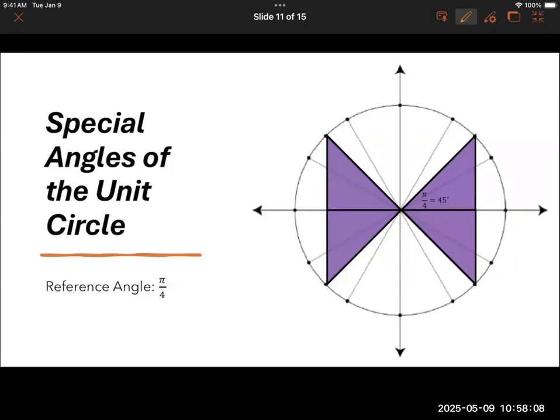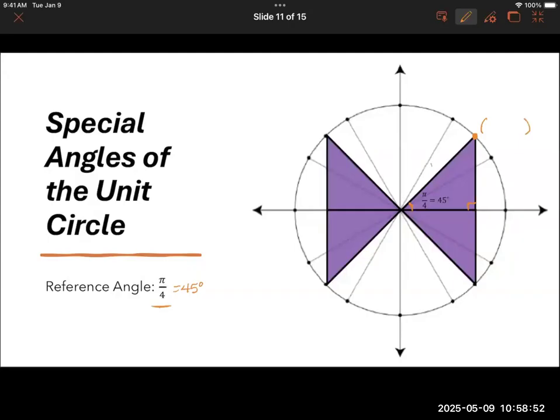So for example, if I take the triangle with pi over 4, which is 45 degrees, and I set that on the positive first quadrant of my unit circle, you can see I have one acute angle at the origin, and then the right triangle set up with this point. Using this right triangle, I want to figure out the coordinates for that point.